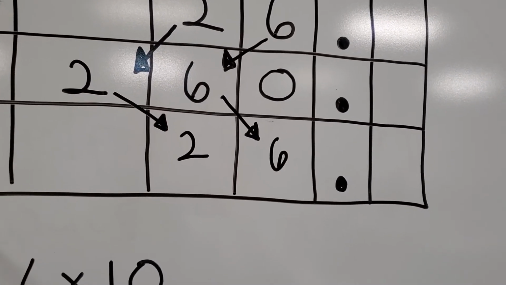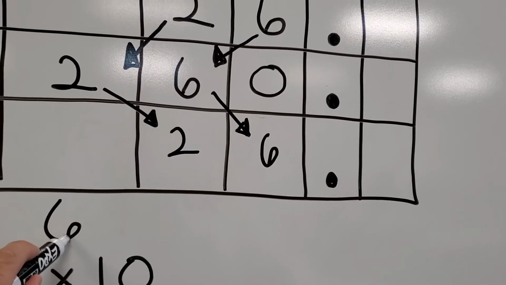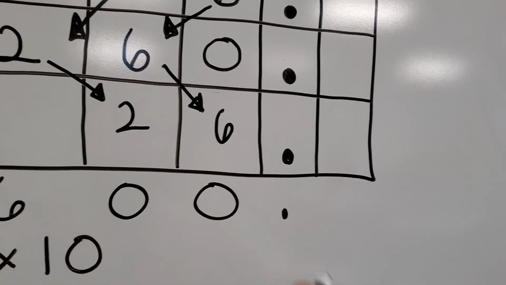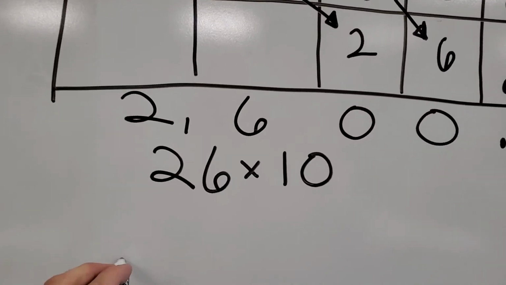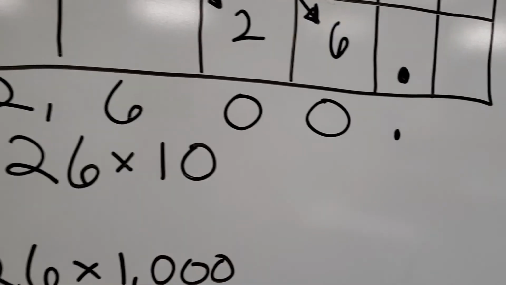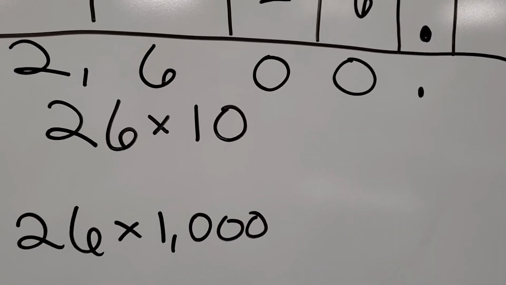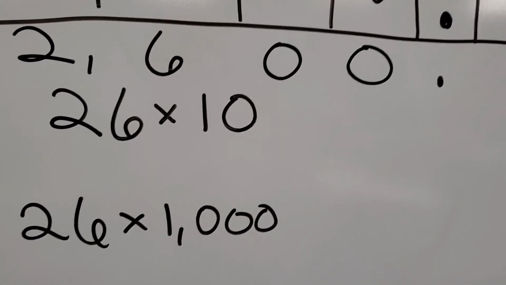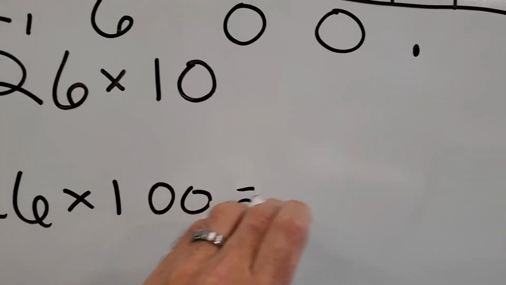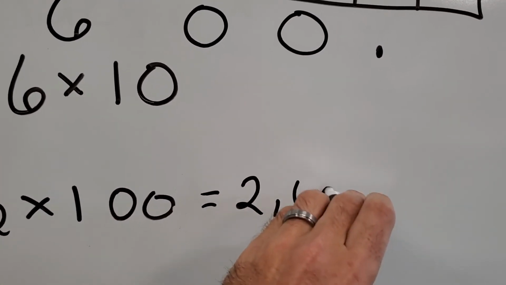We would have 2,000, 600, and then we would have zeros in our tens and ones place. I'm sorry, 26 times 100 is 2,600.